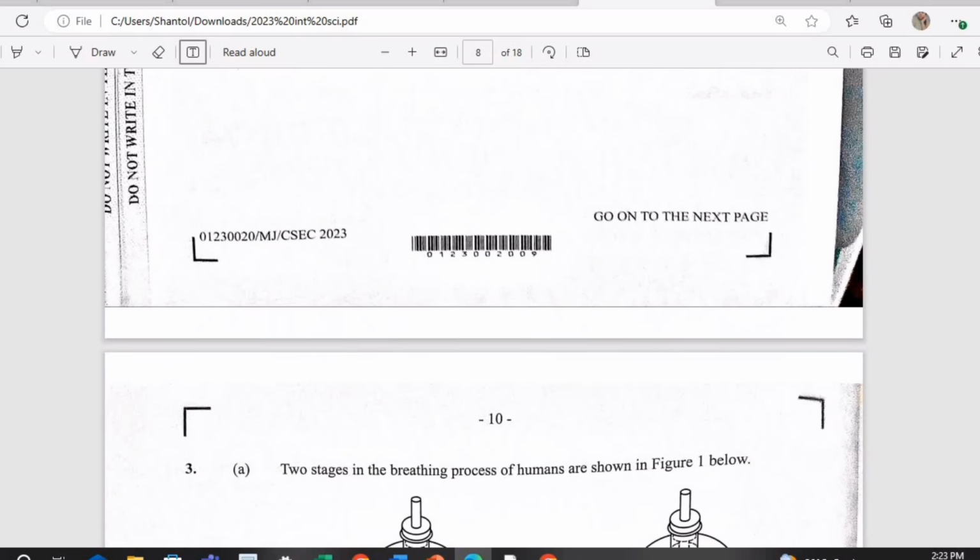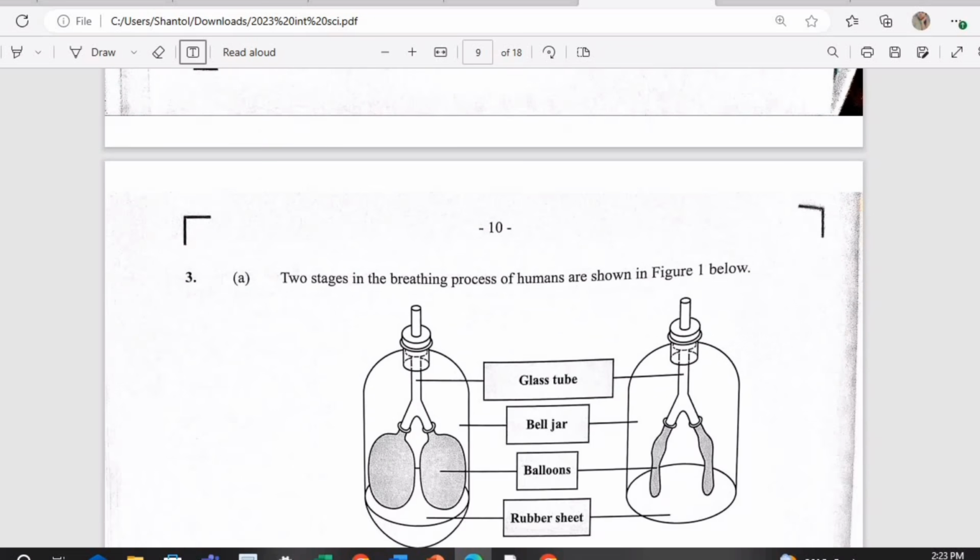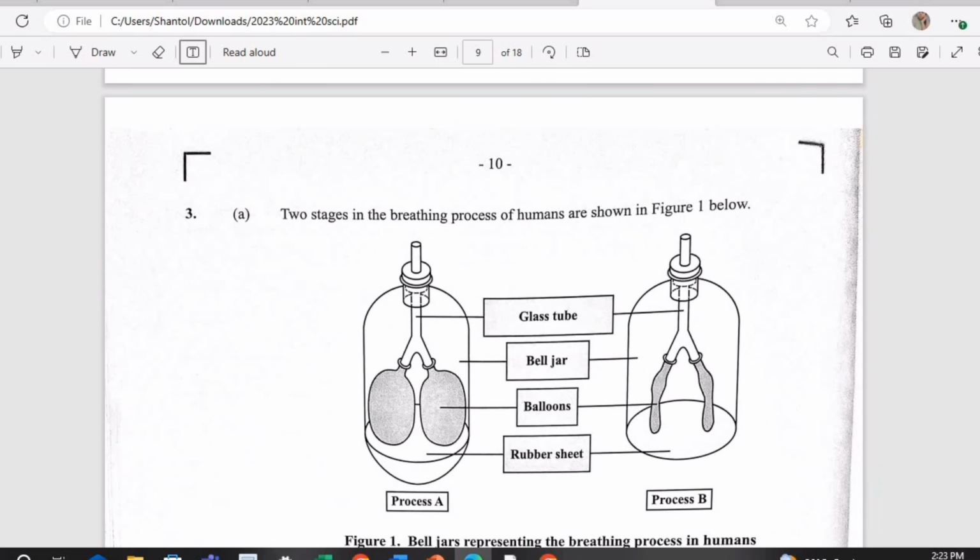The next question, question 3, this is a bit of biology. 2 stages in the breathing process of humans are shown in figure 1 below. So we have process A, we have process B, we see a glass tube, we see a bell jar, balloons, and rubber sheet, and this diagram should be familiar to most persons, and even if you don't remember exactly which structure it is or where you saw it from, it should ring a bell.